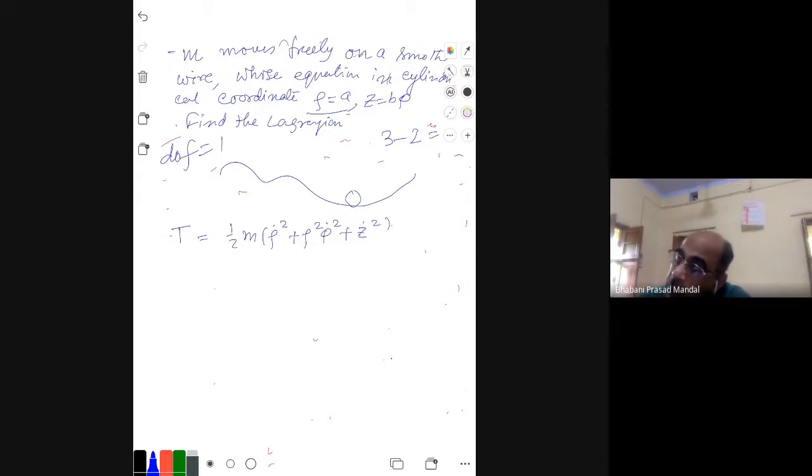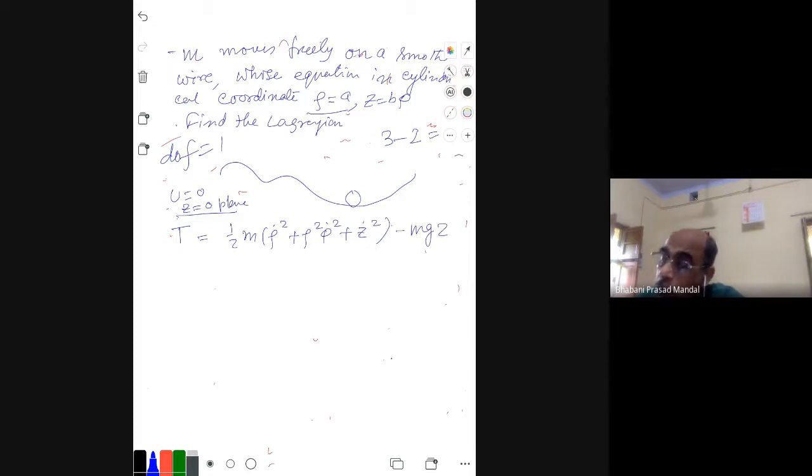And I am assuming the potential energy U equal to 0 for the z equal to 0 plane, the xy plane passing through the origin. So the potential energy will be mgz in general.